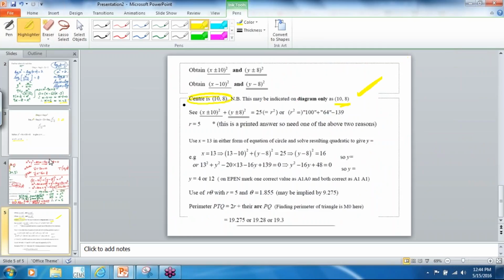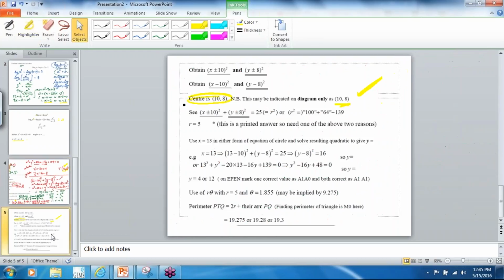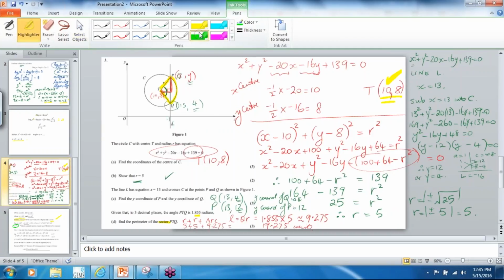So that is all we had to do, is say that the center is (10, 8). Good? The radius is 5, and they've used that formula that it equals 25, and therefore now we substituted into the equation and got 5.